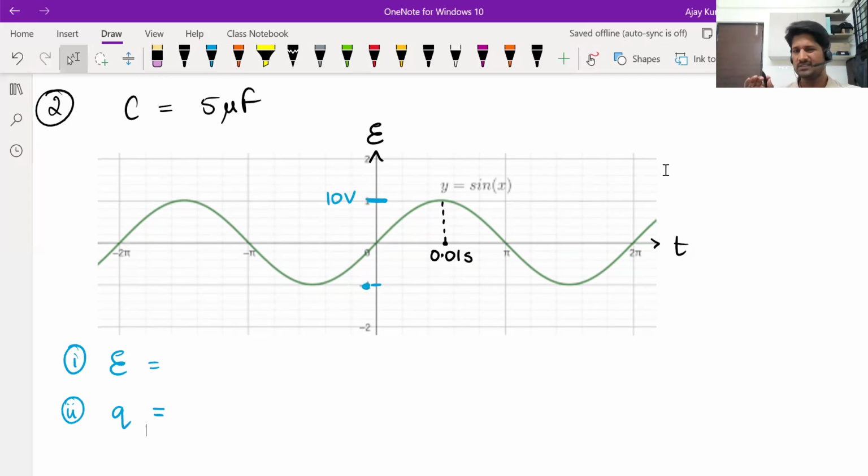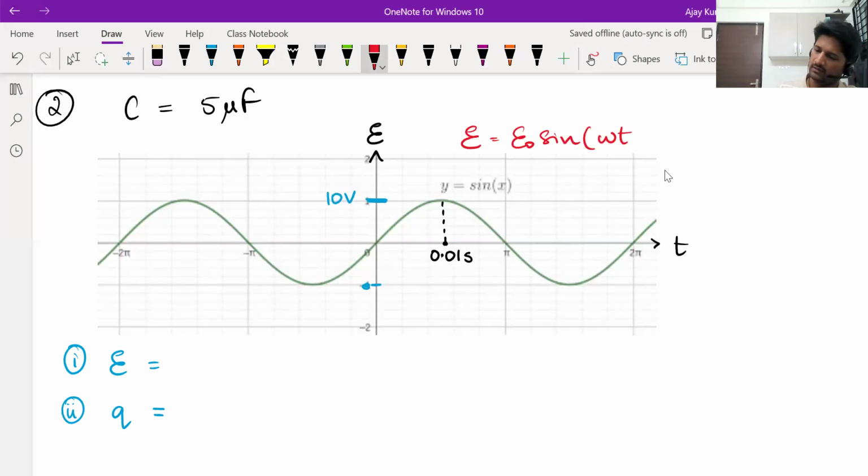One of you tell me, what is the general equation for alternating EMF? Sir, E naught sine omega t. Okay, E naught sine omega t plus some constant may also be there. There may be a phase constant.